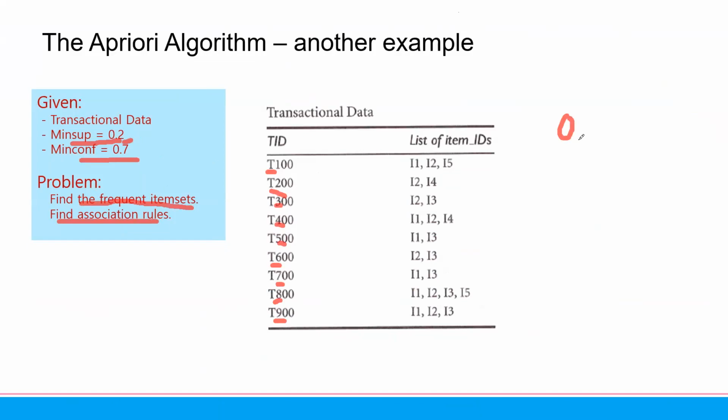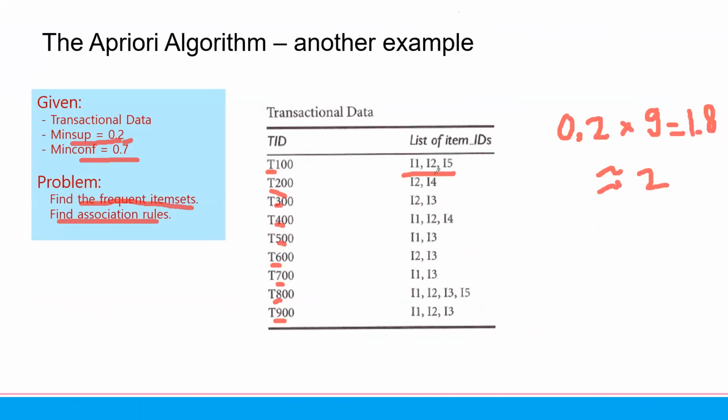So 0.2 multiplied by 9 is 1.8. It's difficult to have 1.8. Maybe we can just round it to 2. So it means the support count is at least 2.